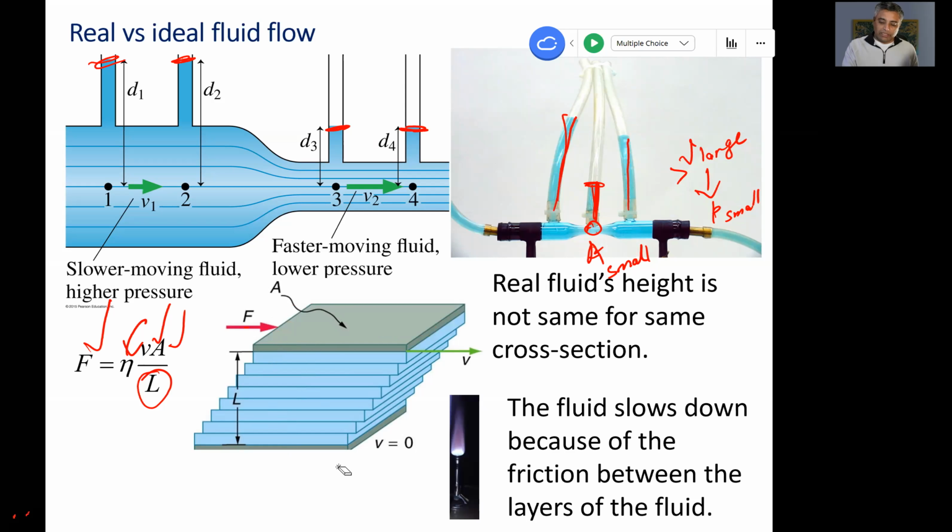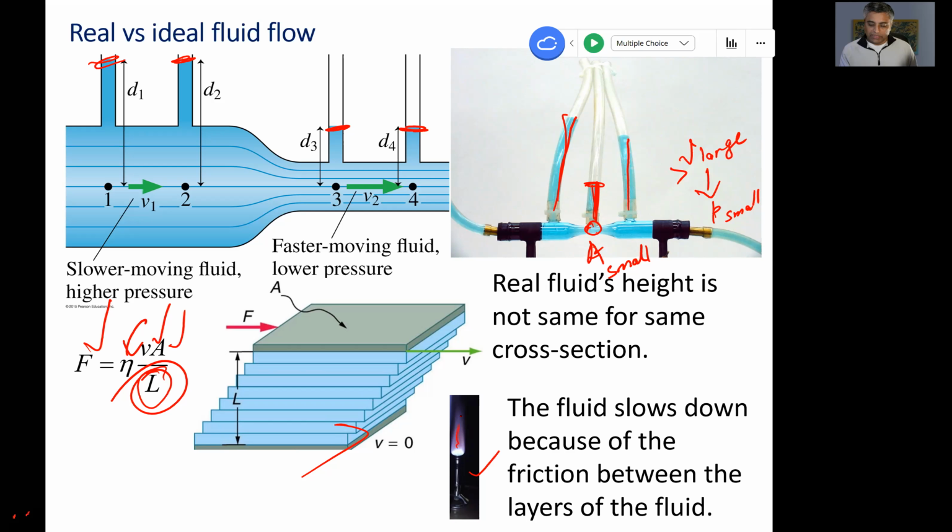So for example, think about a river. What happens? At the bottom of the river, the water is barely flowing. At the top, it's moving fastest, okay? So that's the effect. And what's the proof? If you look, probably in chemistry lab, when you are doing an in-class lab, probably you use a Bunsen burner.